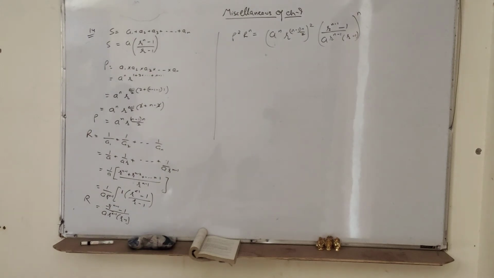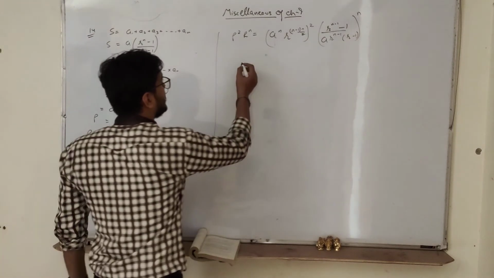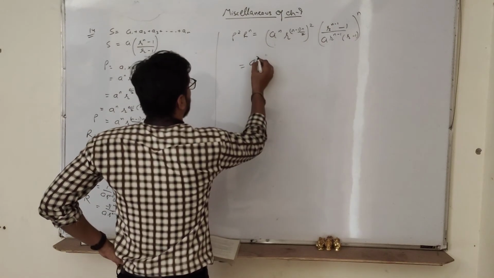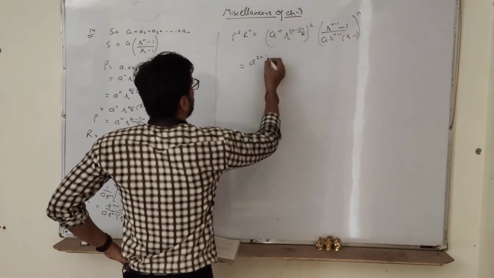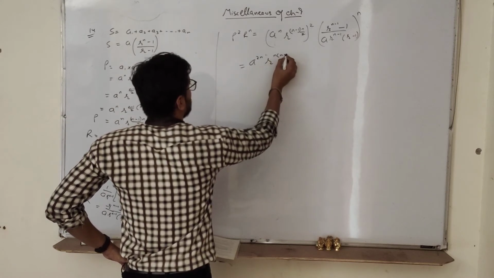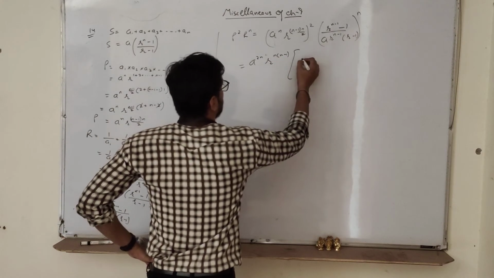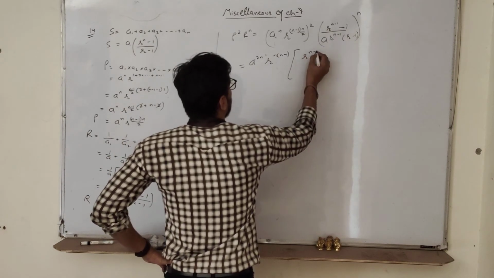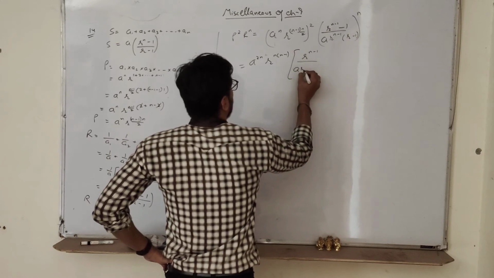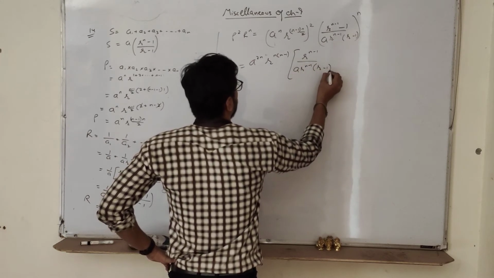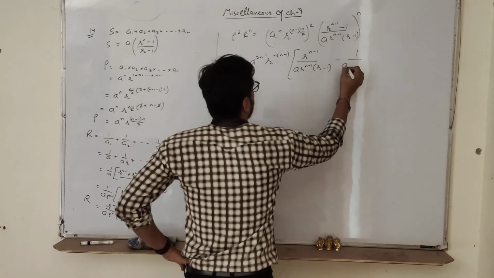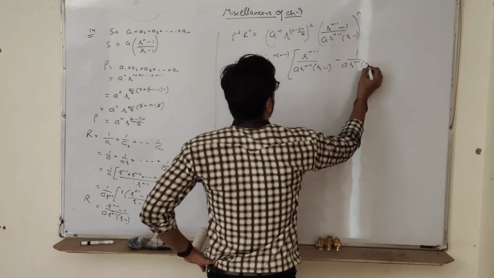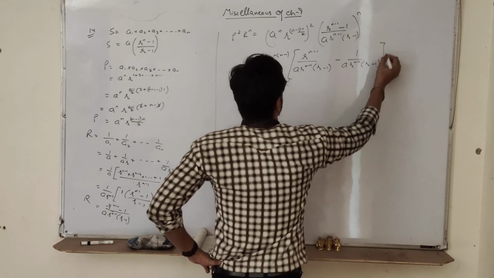So what we have to do, we have to divide all the values, right? So let's just go for it. So A 2n and 2 to 2 get cancelled, R is for n bracket n minus 1. Here just take it, just separate the values: n minus 1 upon A R n minus 1 R minus 1, minus 1 upon A R n minus 1 R minus 1, right, raised to the power n.